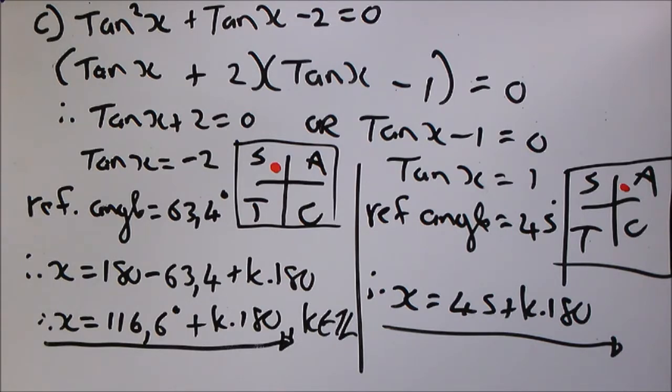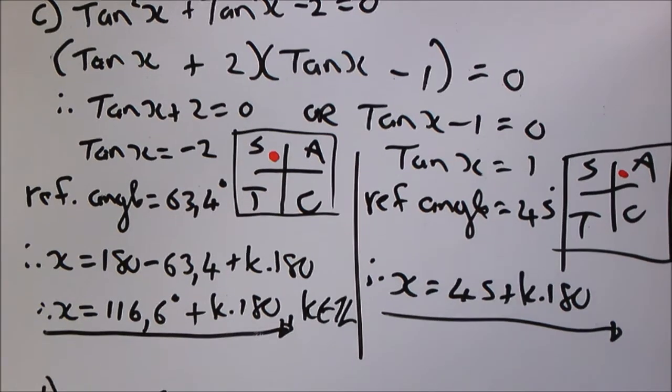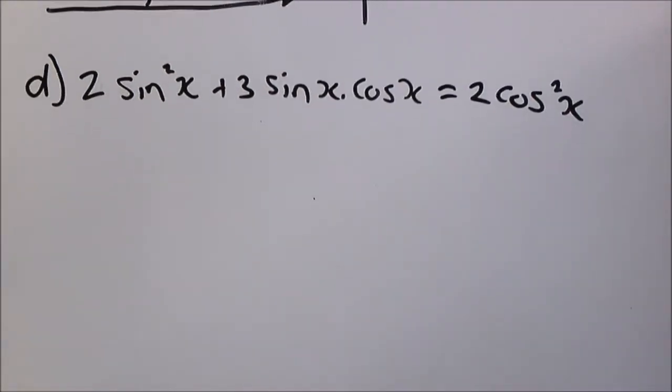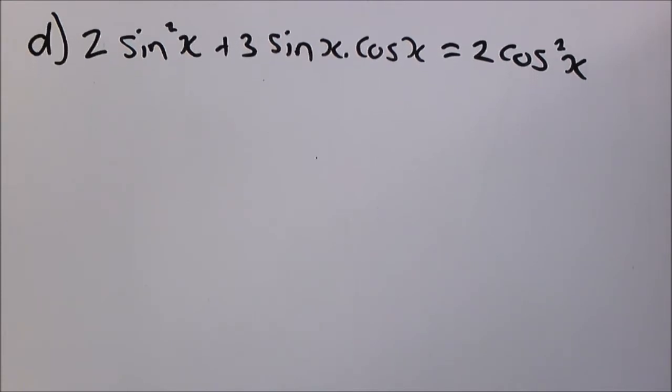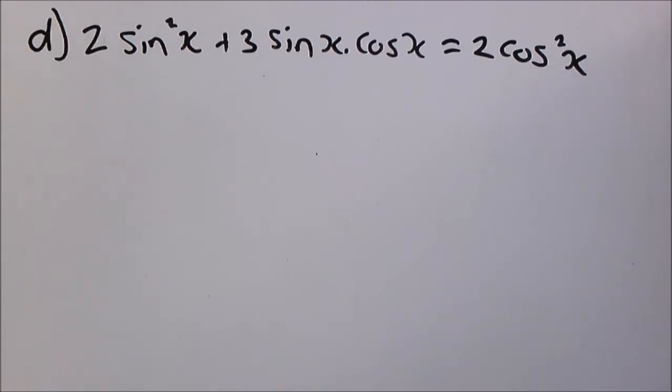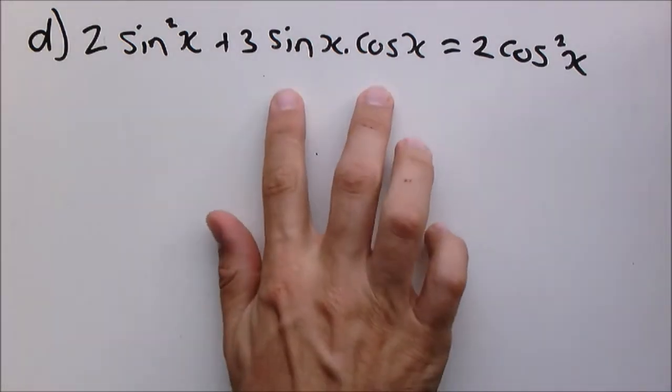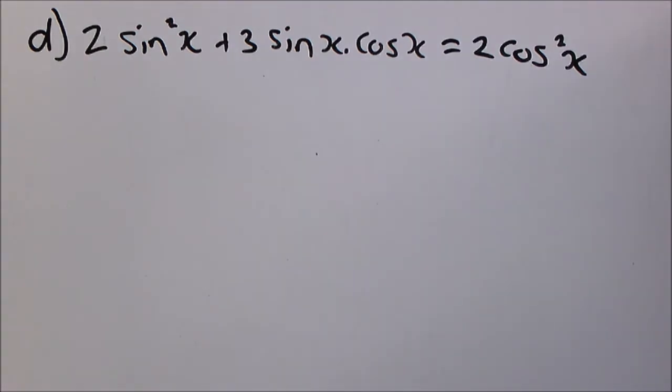Okay, let's move on to the next one. And that is number D. So let's look at number D. 2 sine squared x plus 3 sine x cos x equals 2 cos squared x. So again, you can clearly see it's a trinomial with a middle term of 3 sine x cos x.